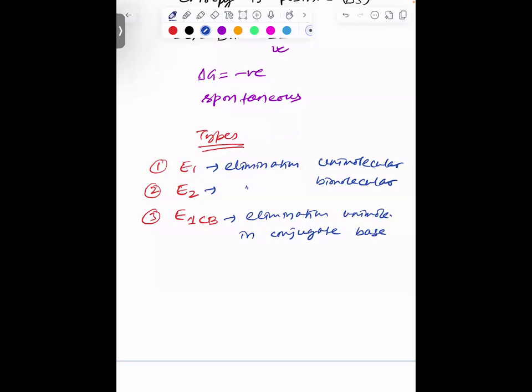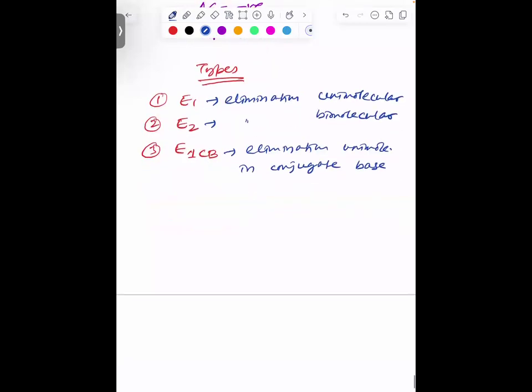Write down the full forms. Then we'll discuss them one by one. Writing, students. So first one is the E1 reaction.